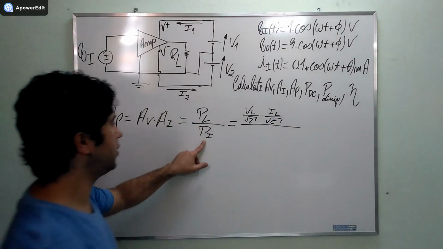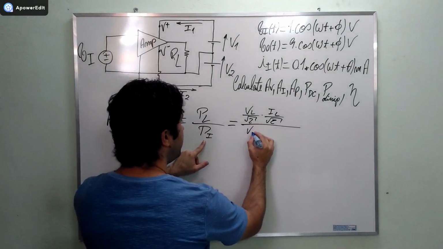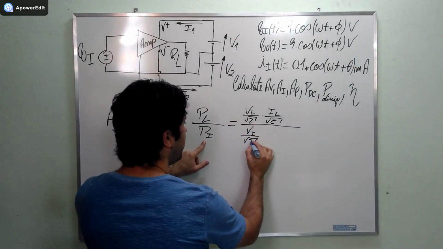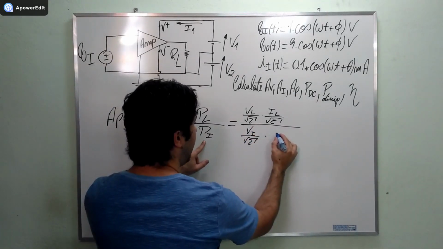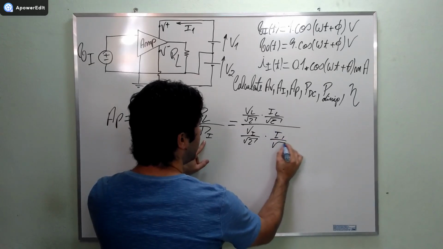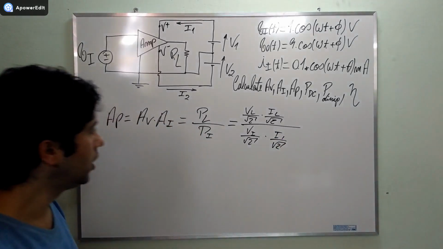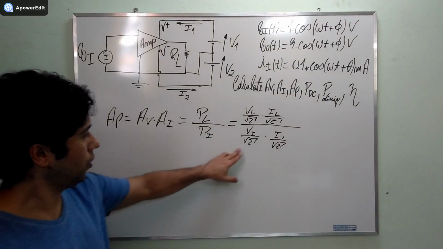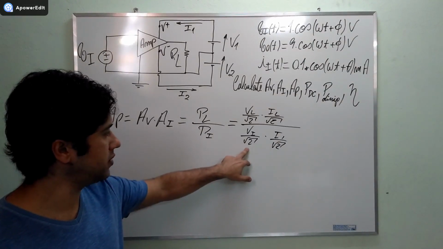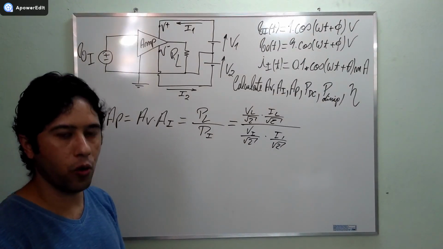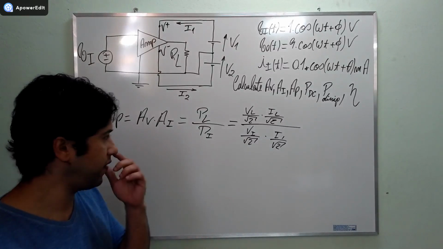And then the same thing here, I'm going to use VI divided by the square root of 2 and II divided by the square root of 2. The square root here is because I am dealing with root mean square values, not peak values.